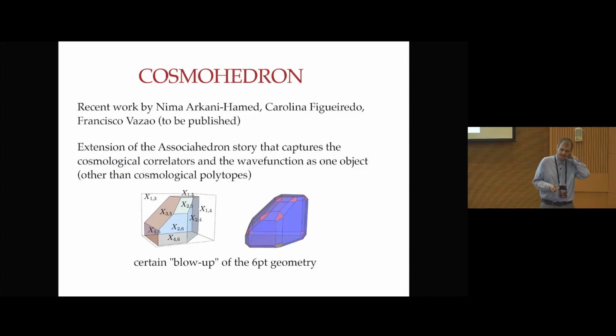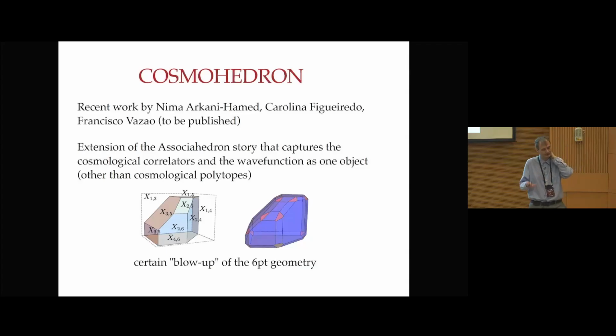Now, there is some recent work by Nima Arkani-Hamed, Carolina Figueiredo, and Francisco Vazão, which is soon to be published, as we learned. It extends this story about the associahedron, this is a 6-point associahedron, which would capture the 6-point phi cube amplitude, also to cosmological correlators and the wave function of the universe as one object. There was some recent work several years ago which interpreted certain pieces of cosmological correlators, diagram per diagram, as so-called cosmological polytopes.